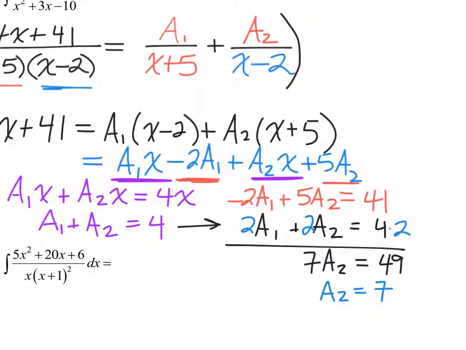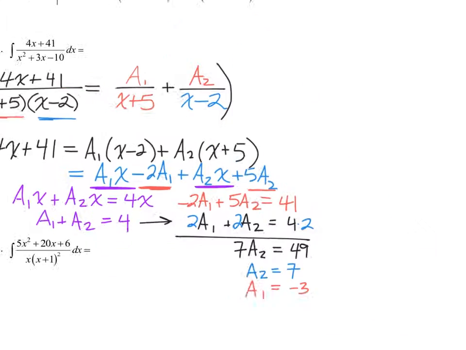So I can figure out that a sub 1 has to be negative 3. Because then it would be negative 3. All right, so we have our coefficients, or our constant multiples.